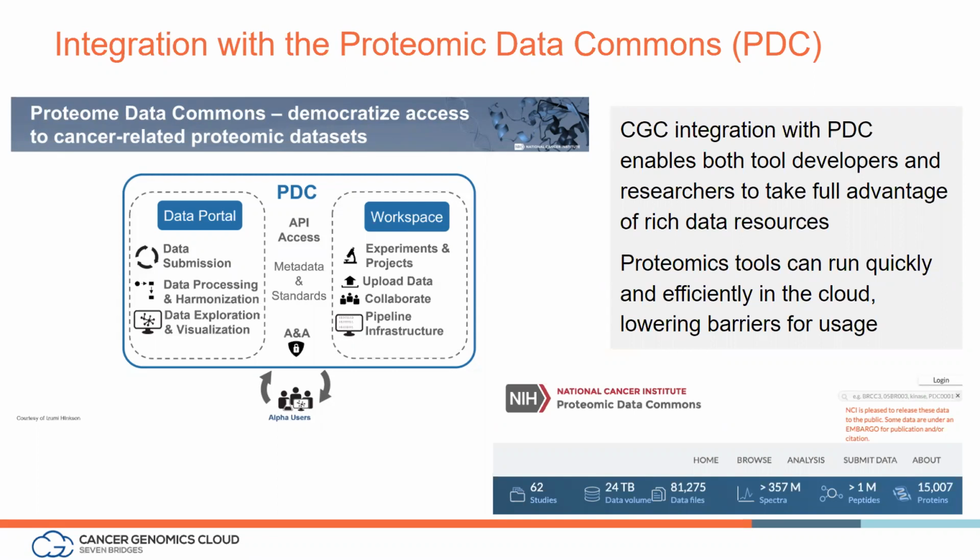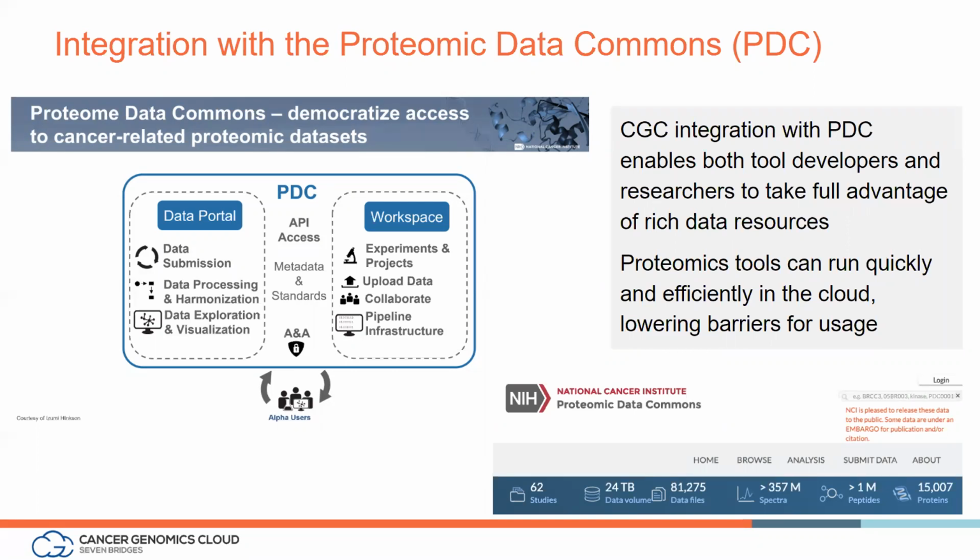Absolutely. So Proteomic Data Commons is one of the nodes within the CRDC, which aims to democratize access to all proteomic data sets, or anything cancer related. And you will be able to go to the website, PDC website, and there's a data portal.